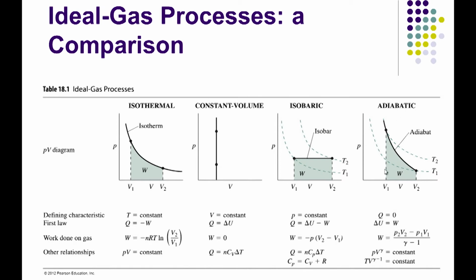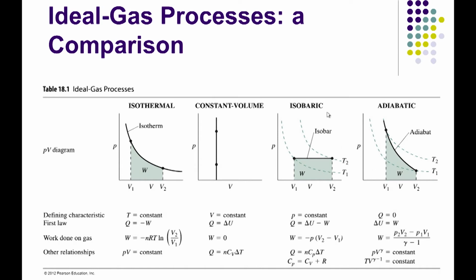Now, with that understanding, we go to the adiabatic process, where essentially the system goes from temperature 1 to 2 in rather quick succession without any loss of energy, and in that case Q is equal to 0, delta U, the internal energy, is equal to work. But in this case it is not the linear relationship of pressure multiplied by V2 minus V1, because pressure is also changing as the volume is changing.